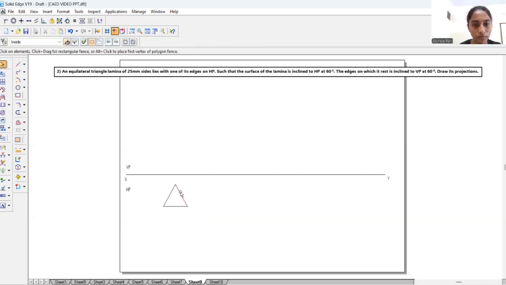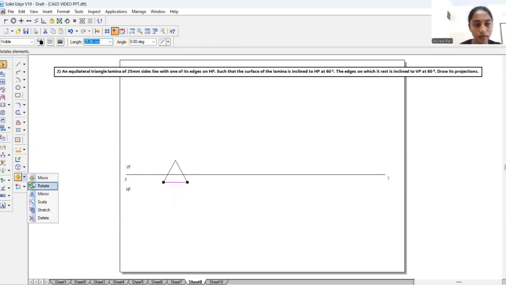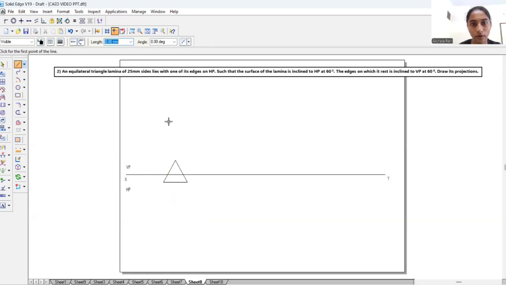We have to move this triangle, so we will choose the move option and rotate this triangle so that one of its edges is on HP.